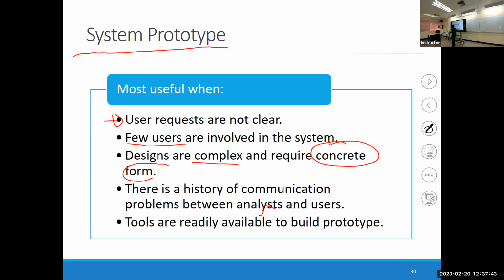And maybe it has been the case in the past that these types of users don't understand much about the system requirements steps and so on. So we may have a history of communication problems with this group of users in the past. So using a prototype would be a way to solve such a problem of communication.